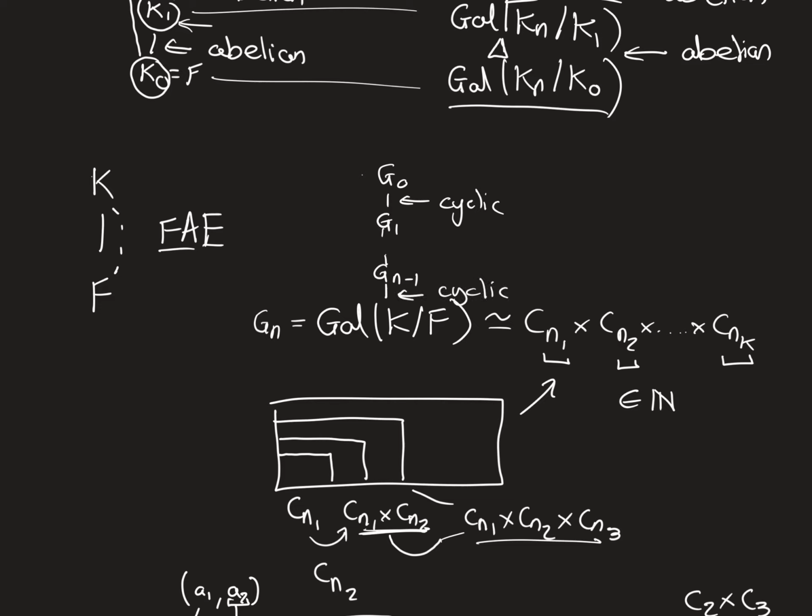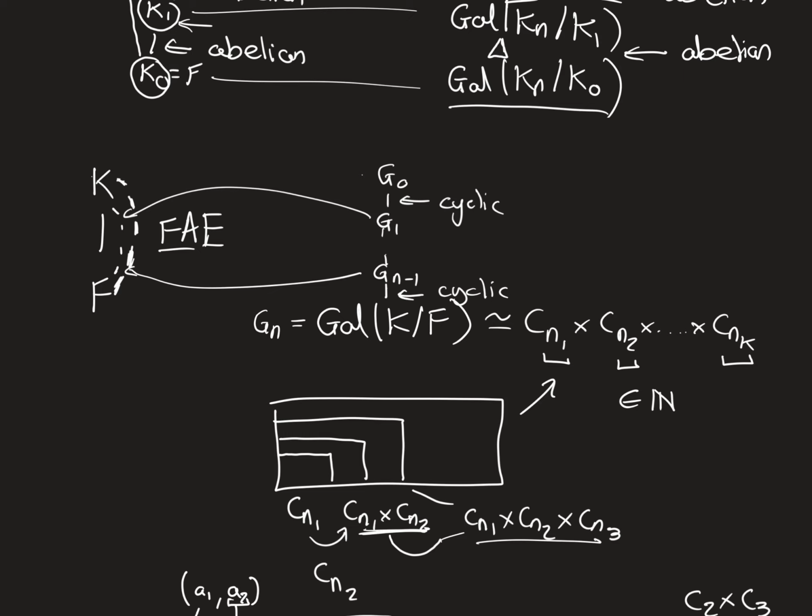And now what I can do is find their corresponding subfields over here, and because they're all normal in one another, all of the extensions are going to be finite Galois extensions. We've already seen that. And because the quotients are cyclic, that means all of these Galois groups are going to end up being cyclic.